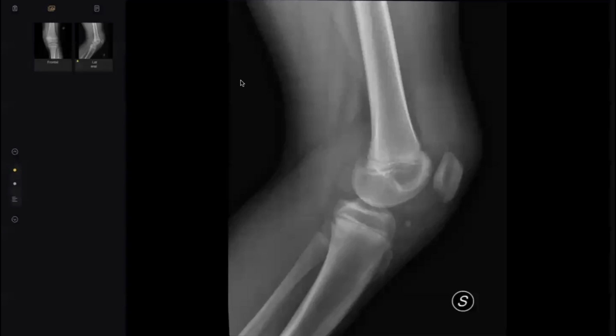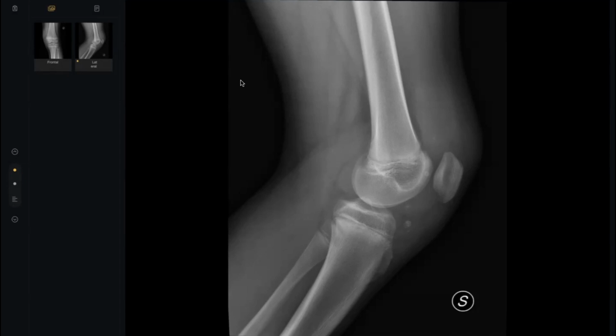It looks thickened, but I can't separate the tendon from the soft tissue edema below or the effusion in the infrapatellar region. Checking the tibial tuberosity, it appears normal.